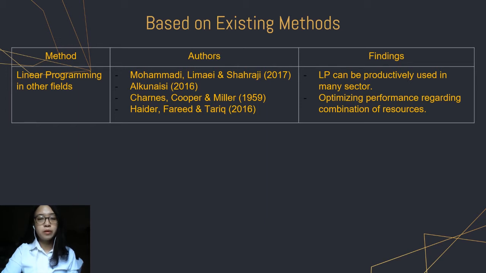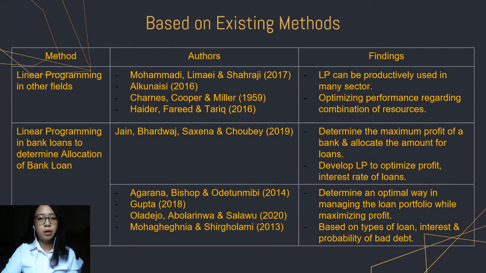Furthermore, most of the researchers use linear programming to determine the allocation of bank loans, like Jane. They use the linear programming technique to determine the maximum profit of a bank and allocate the amount for loans. The aim of this paper is to develop linear programming to optimize profit, focusing mainly on the interest rate of loans.